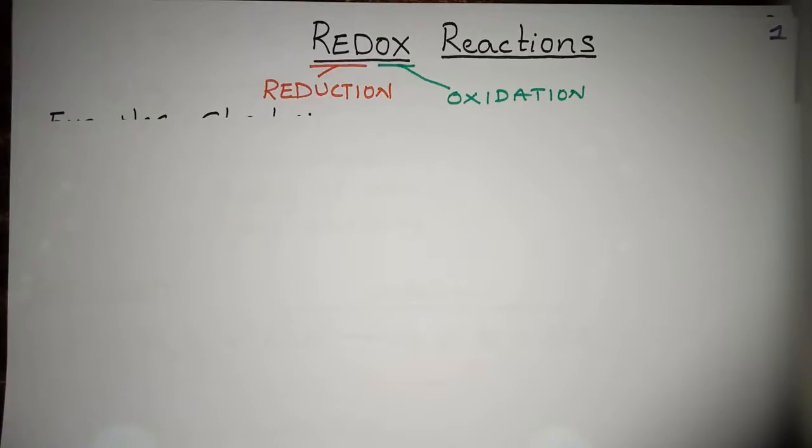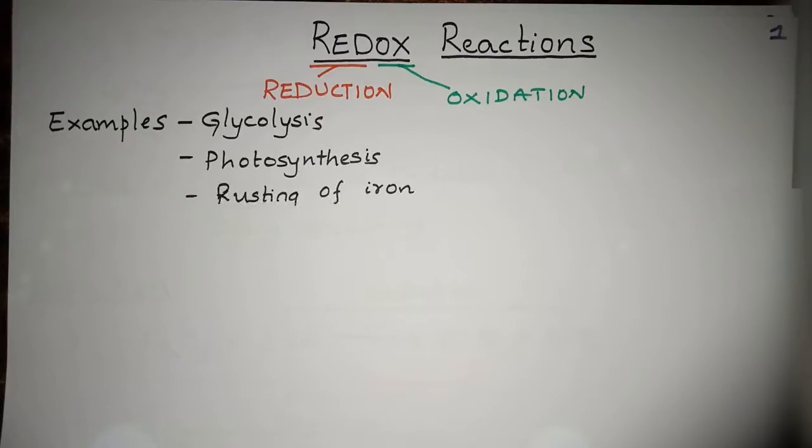Now most of the reactions that we see around, they are all examples for redox reactions. Like the most important reaction which gives us energy, the glycolysis, is an example for redox reactions. Then we have photosynthesis, which is one of the most important reactions on earth, which keeps life sustaining. That is also an example for redox reactions.